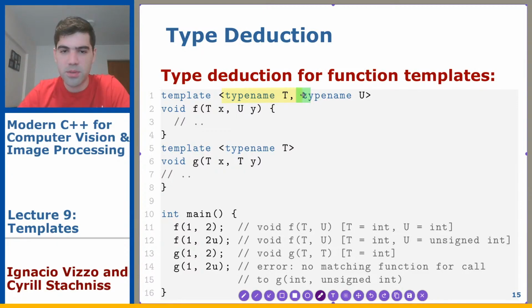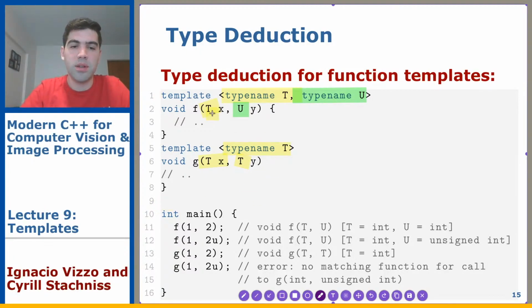So let's pick different colors. So this is u, and then here we have a new, here the t. So this is a function, it does something, it doesn't matter, right? And then we have another function that actually takes one template parameter, that is t, and then it takes two input arguments of the same type, t, that we don't know, right? Good.